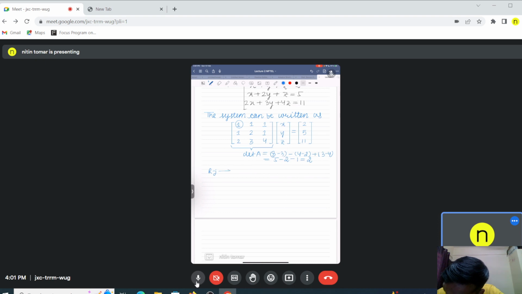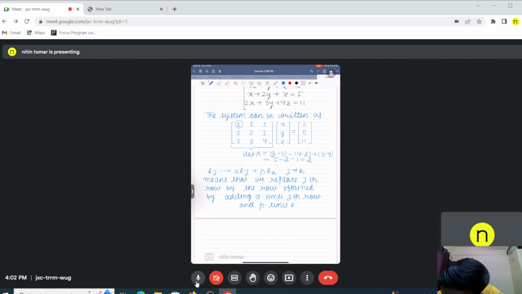Rj goes to alpha Rj plus beta Rk, j not equal to k, means that we replace the jth row by the row obtained by adding alpha times jth row and beta times kth row. Okay, so this is my notation.